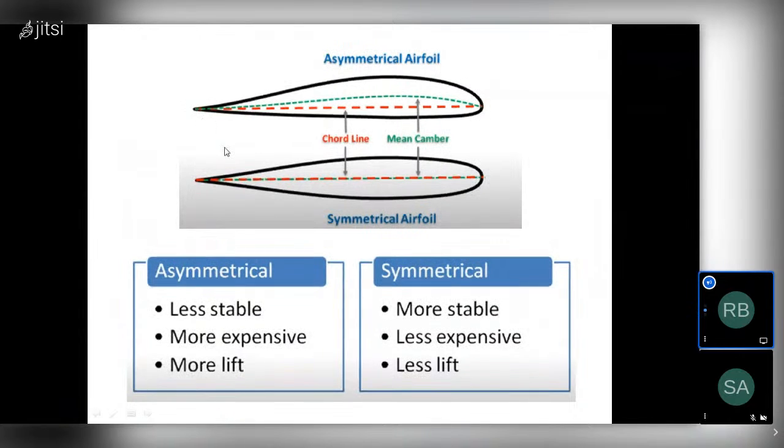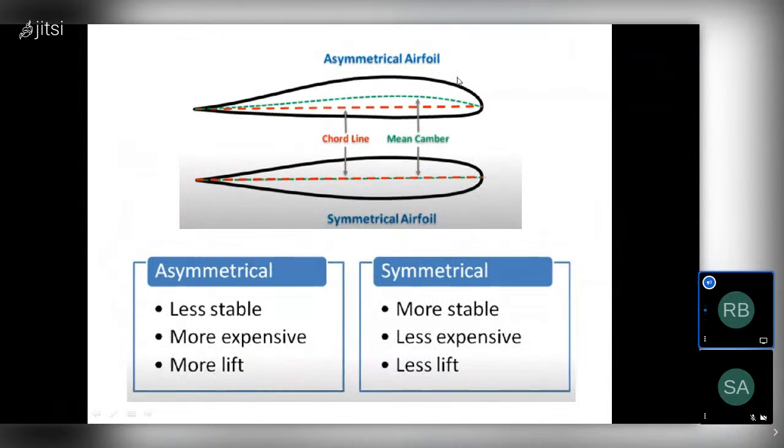In the asymmetrical case, it is less stable, more expensive, and more lift will be generated. This kind of aerofoil generates more lift as compared to the symmetrical aerofoil because of the camber and the more curvature over the upper surface.